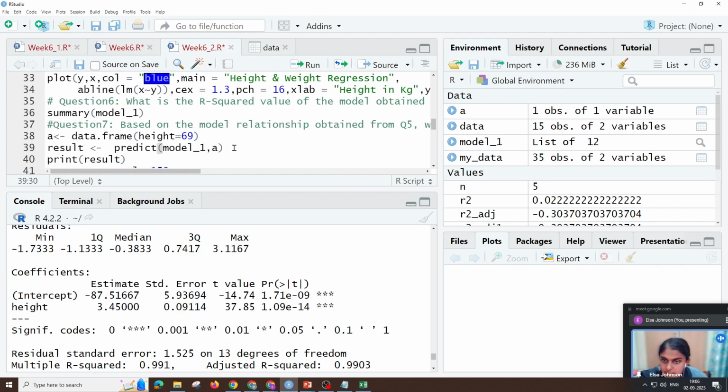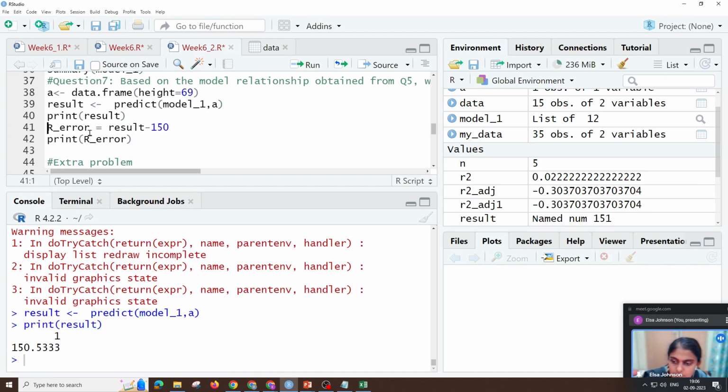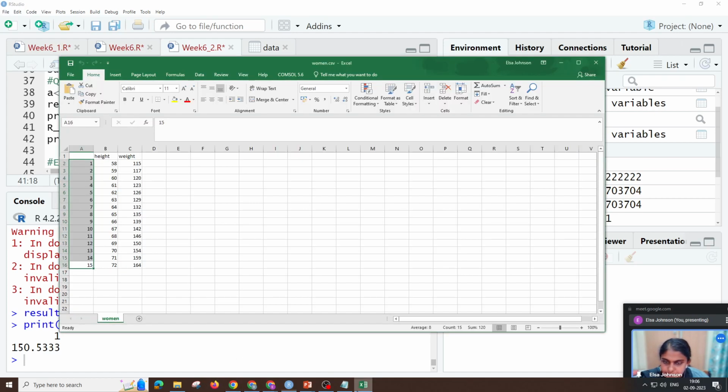With that I'll predict. It is stored in result, and result will give you 150.533. In the original entry in the data set for the 69 value, the value given is 150.